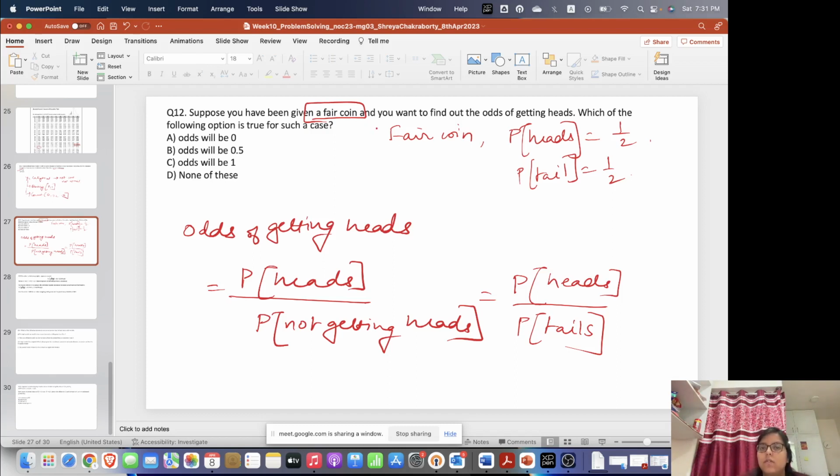So for a fair coin, these probabilities will always be half and half. If it is a biased coin, then the probabilities between heads and tails would differ. But since it is fair, heads and tail have equal chance of arising. So here we would have half by half, that is 1. So the odds of getting heads will be 1. So the correct answer is C. Probability will be 0.5, but odds will be 1.